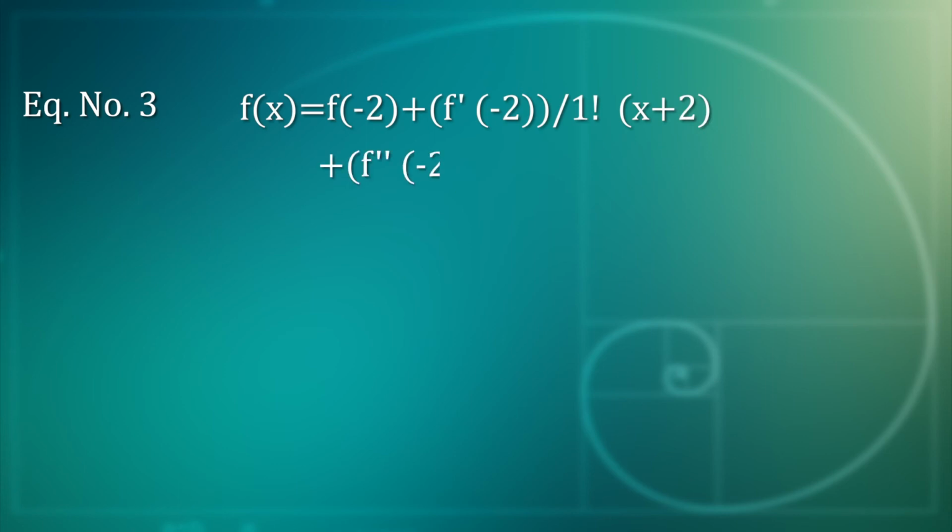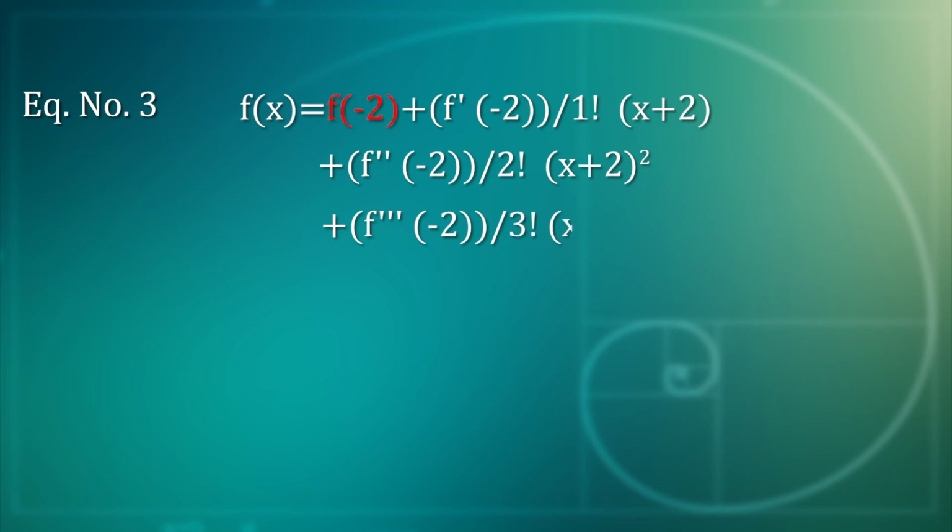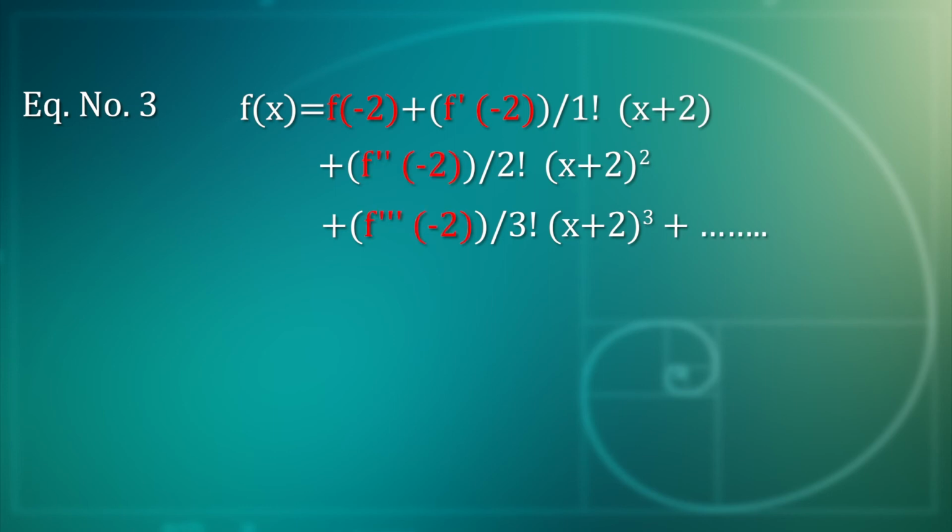So, we can use a is equal to minus 2 in equation 1 above. In this equation, we need to find f of minus 2, f dash of minus 2, f double dash of minus 2 and f triple dash of minus 2. Let's find out these values one by one.